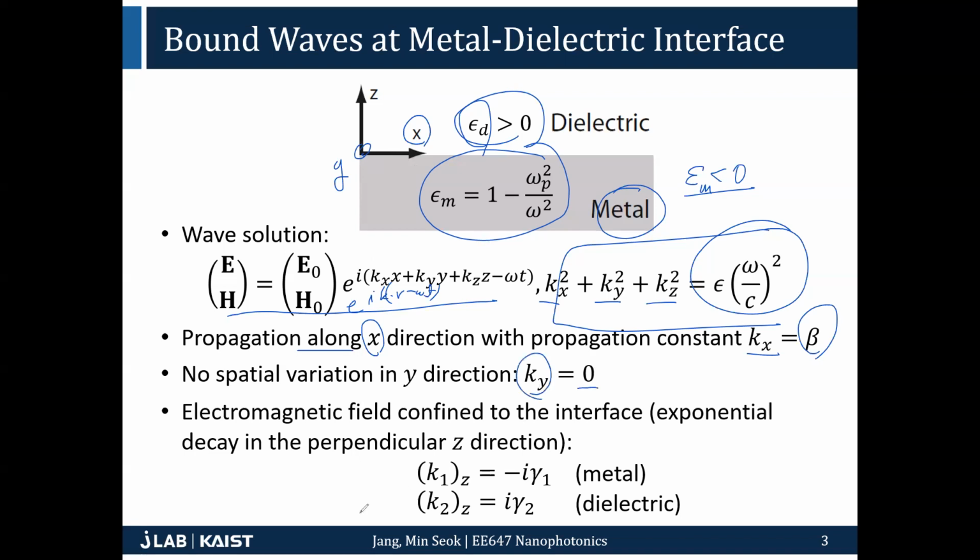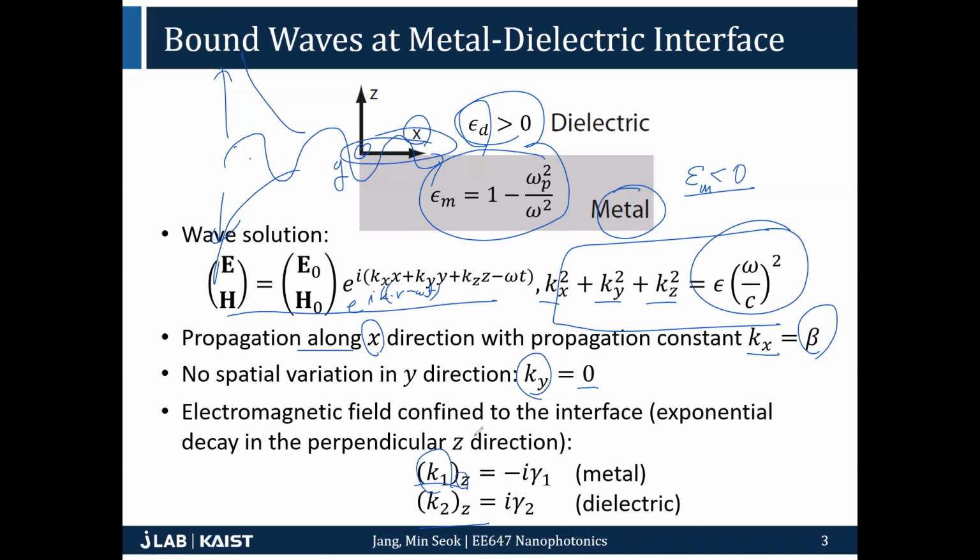So ky is 0. The mode we want to find is the guided mode. Guided mode means the wave is propagating in this direction, but it's decaying in the z direction, so that the mode amplitude is concentrated around the interface. That condition is given by this, right?